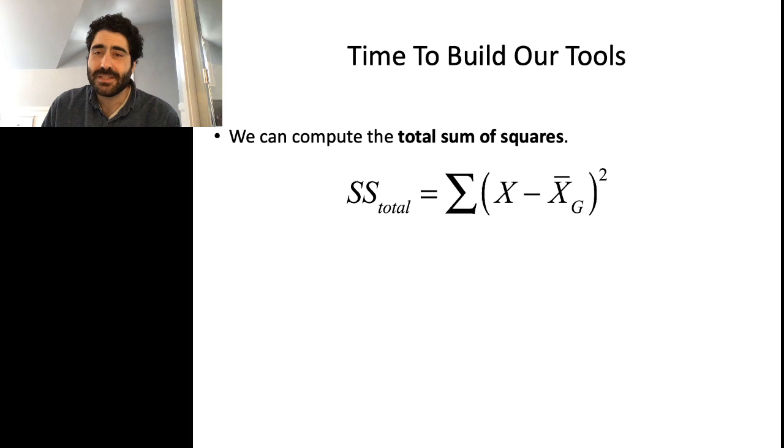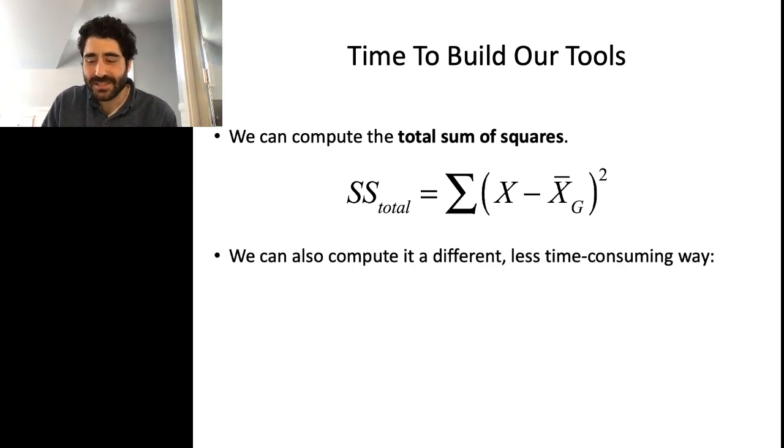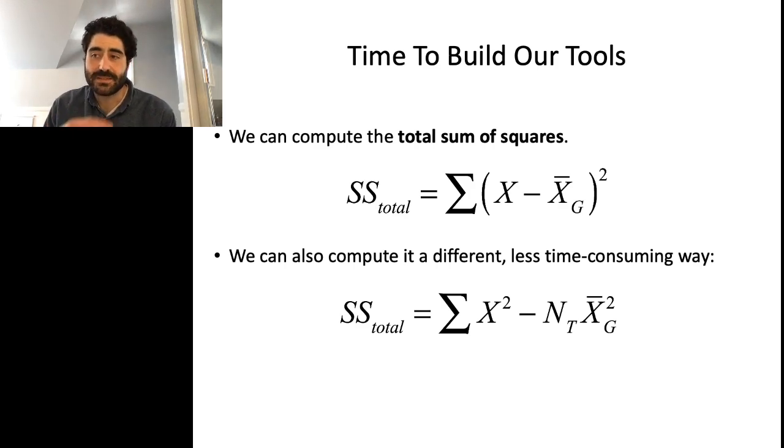If you're doing this by hand, there's also a slightly easier way that doesn't require computing the deviations ahead of time. You just take the sum of the squares of all the data and then subtract n times the grand mean squared. These are both the same equation. The bottom one is one fewer step if you're doing it by hand, but I think the top one is the more intuitive way to think about this: for every data point, how far away is it from the mean?